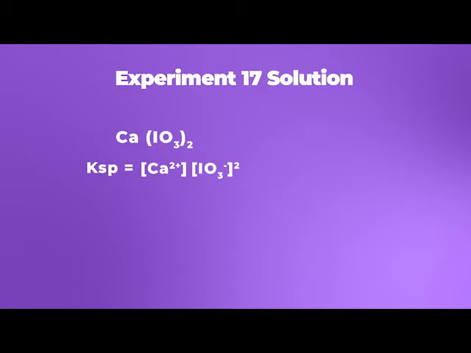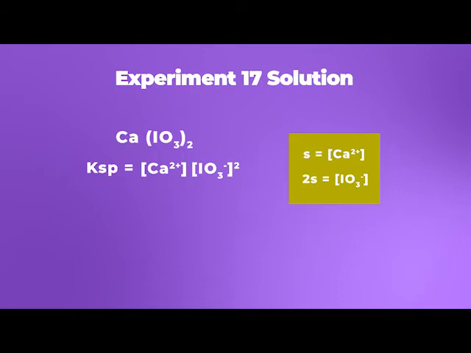If we let S represent the molar solubility of calcium iodate in units of moles per liter, the concentrations of calcium and iodate ions will be related to the molar solubility by S equals the concentration of calcium, and 2S is equal to the concentration of iodate.